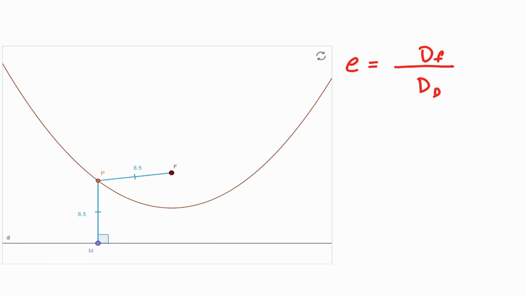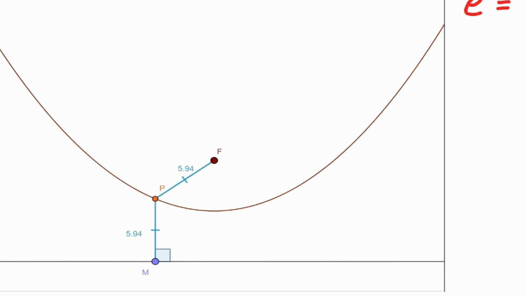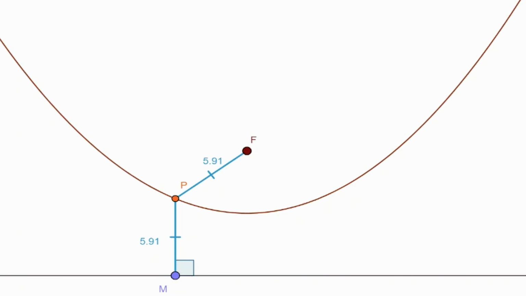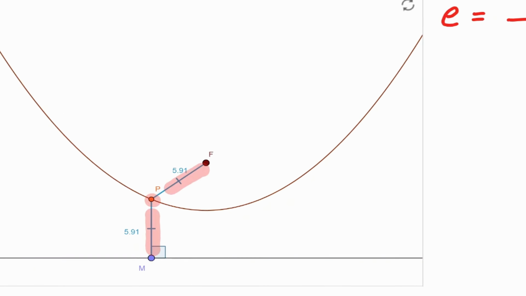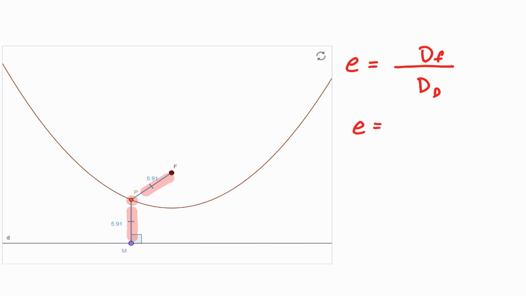Now let's choose another point. Let's choose this point right here. The distance that this point has to the focus is 5.91. And the distance that this point has to the directrix is 5.91 as well. So we can say that the eccentricity is 5.91 divided by 5.91, which is also equivalent to 1.